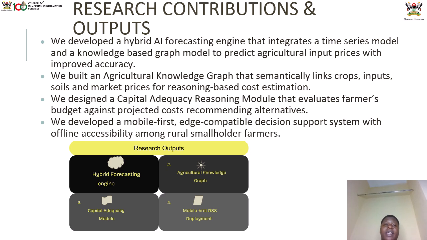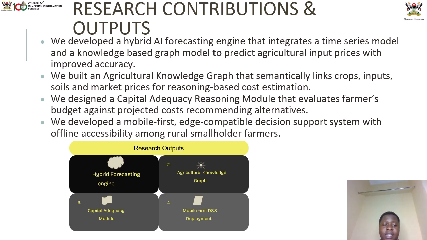For example, the inputs desired in a selected crop, the regions where such a crop can be more invested in with low input costs. Then also, for example, that semantic link or the relationship between regions and districts.